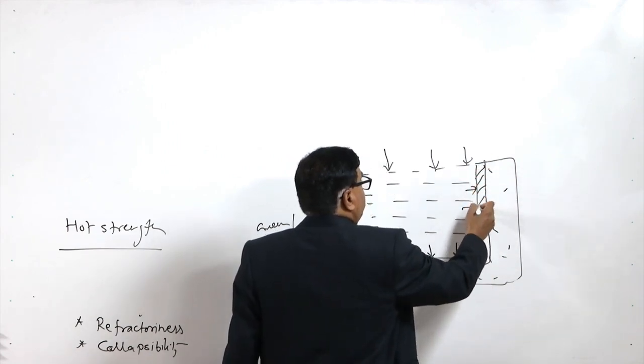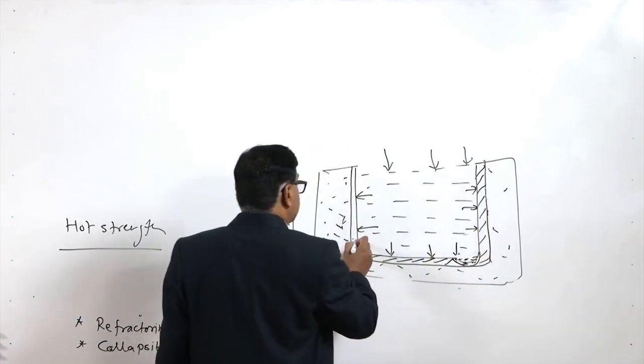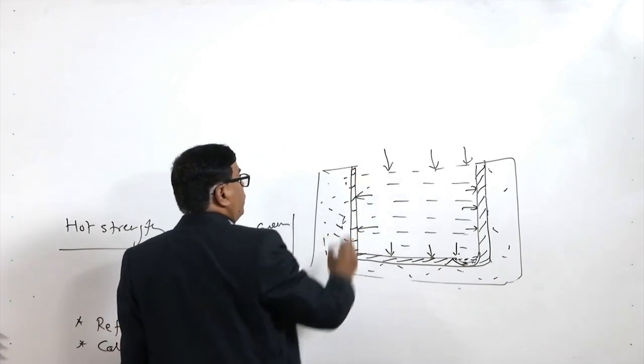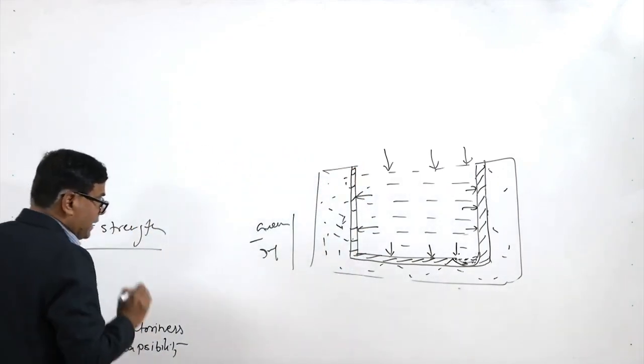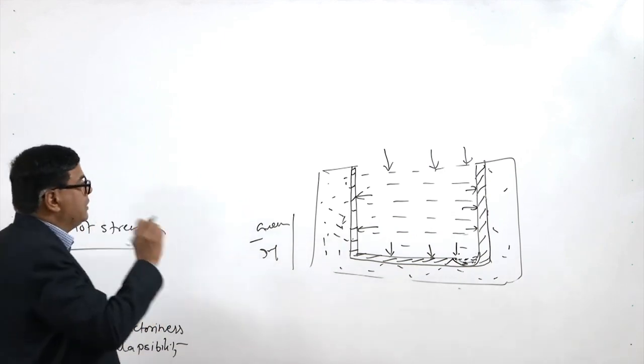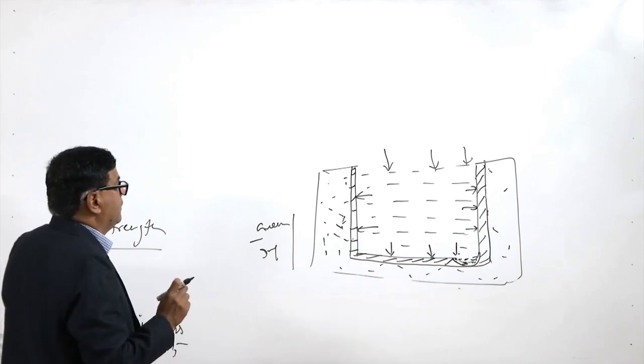So basically the mold wall temperature rises up to the temperature of the molten metal. At that point, the strength of the mold actually matters for carrying the weight of the molten metal.